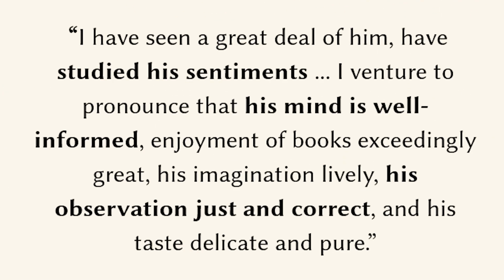And that's why I included a quote over there that shows how she uses observation in her cognitive process. She states, "I have seen a great deal of him, have studied his sentiments, ventured to pronounce that his mind is well informed, his enjoyment of books is exceedingly great, his imagination is lively, his observation is just and correct."